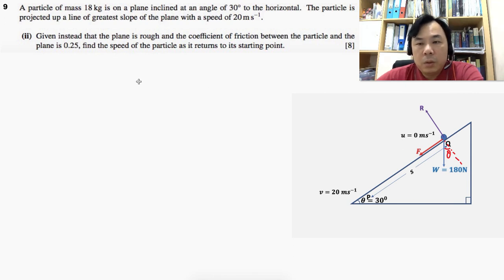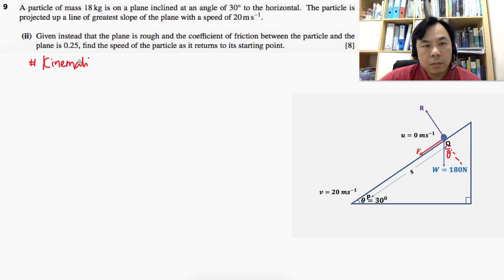All right, so we're going to apply the same procedure again here. You can use any methods here. For instance, in this case, I'm going to use kinematics and Newton's second law.